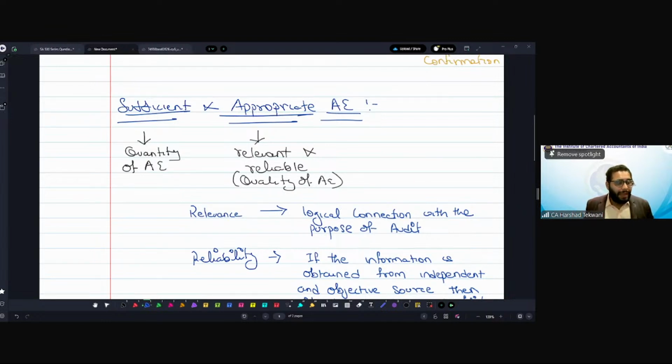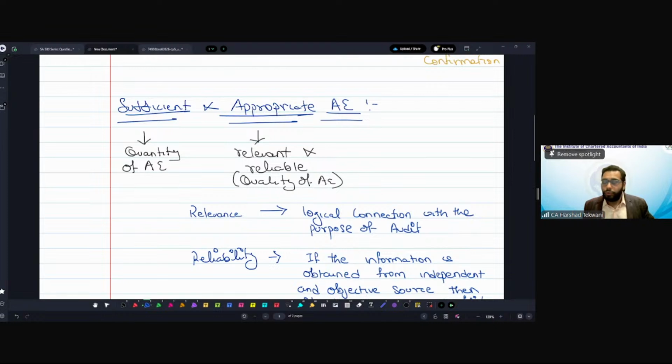Then there is an important aspect of audit evidence that we need to discuss: when this audit evidence is prepared by the management expert. Till now we have been talking about pure audit evidence, but what if the information used as audit evidence has been prepared by the management expert or by the management itself?